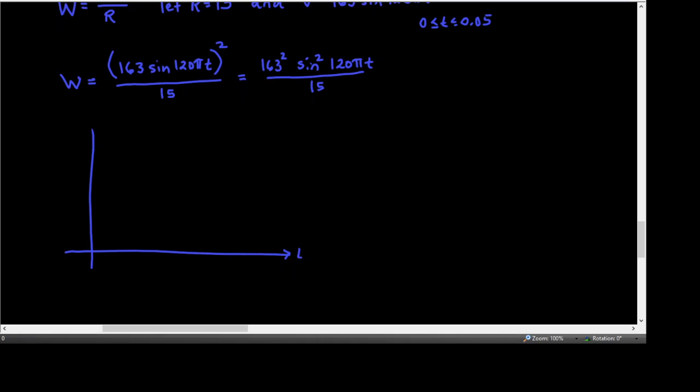And this is t, this is wattage. Of course, because sine is squared, you know that that's going to give you a positive answer, or 0, times 163 squared over 15. All of the answers are going to be on the t-axis or above it because of that. Okay. And then the graph looks like this.